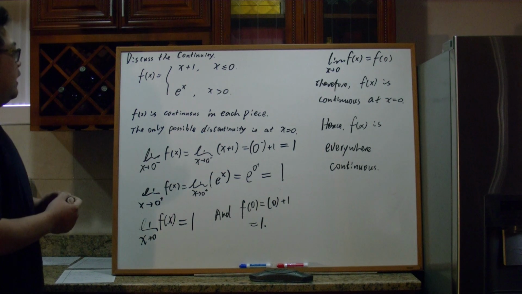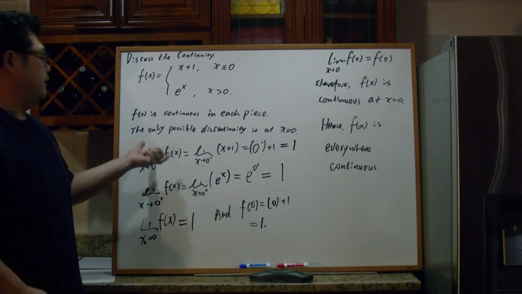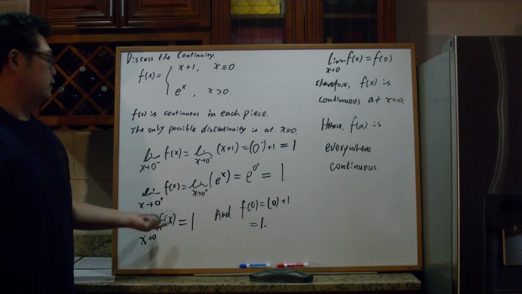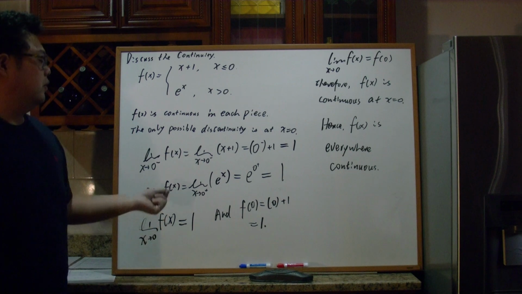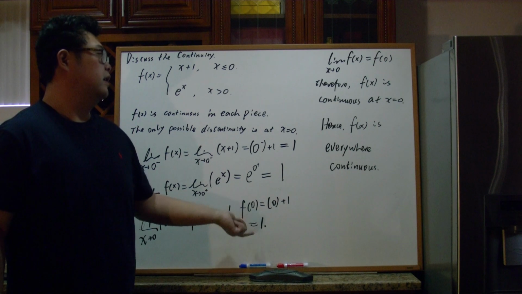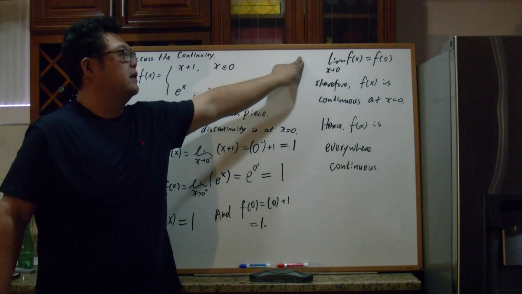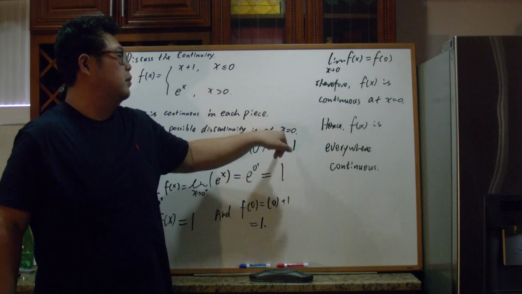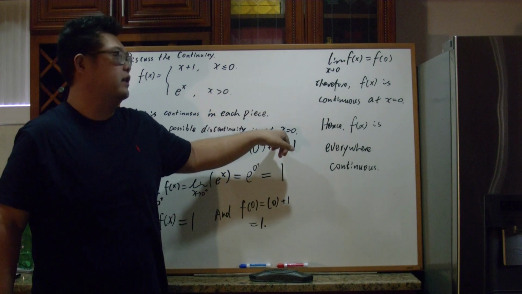Right, so for that piecewise function, we find the one-side limits. We get that the limit exists. We evaluate the function, and we have the function equal to the limit. Then the possible discontinuity is actually continuous in our case.